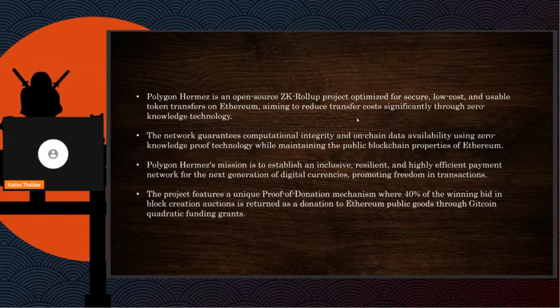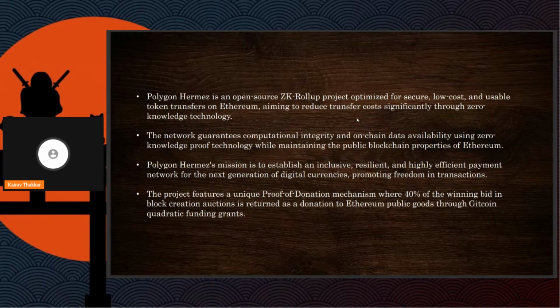They take a lot of transactions that are going to happen on the layer 1 blockchain, provide the validity proof for the same, and then make these transactions more scalable and more cost efficient. These are also secure transactions happening on the layer 2 blockchain solutions. So now we have a lot of transactions happening on the layer 2 solutions, directed towards Ethereum, and this reduces the transfer cost significantly.